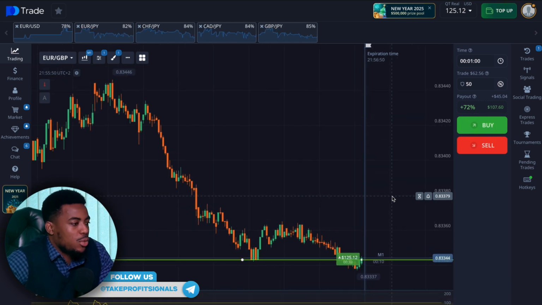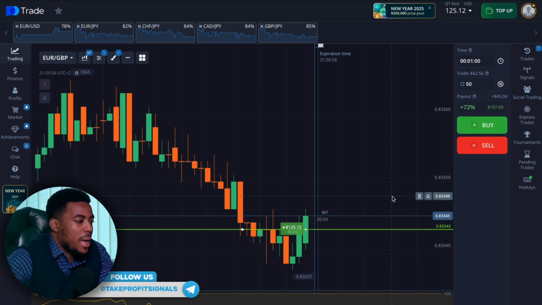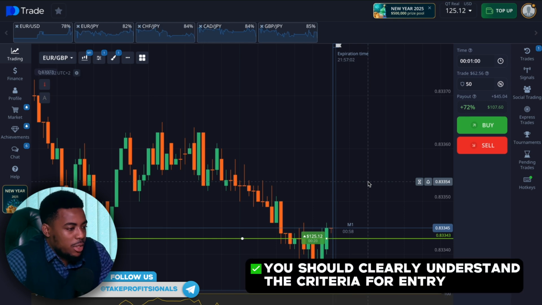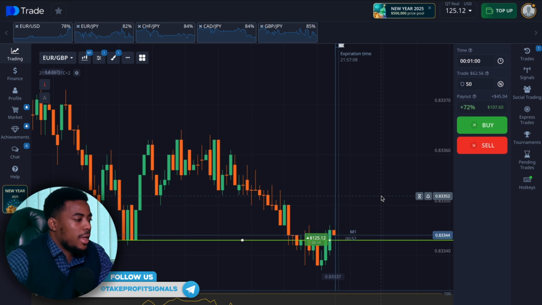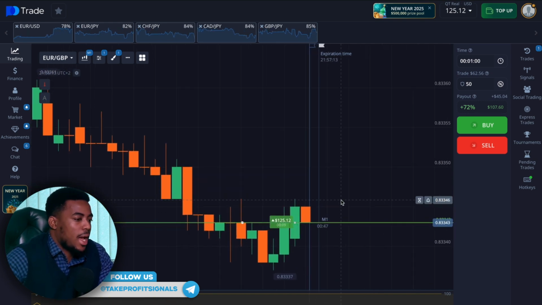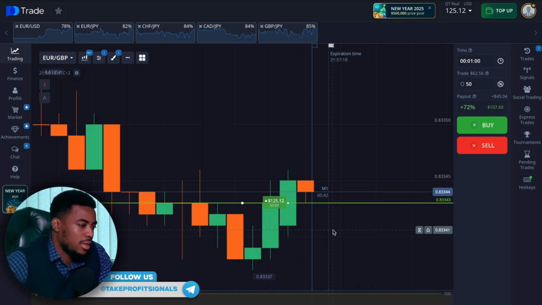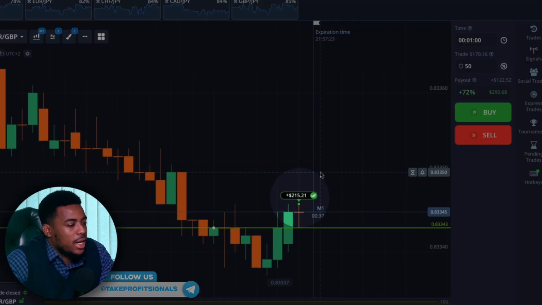That is why now I have to make trades on 50% at all. This should be a maximum confidence situation. So you should clearly understand the criteria for entry and the rationale for your trade. I mean, I am not confident in my trade. We have literally 3 seconds left. The market continues its growth and we take another profit.